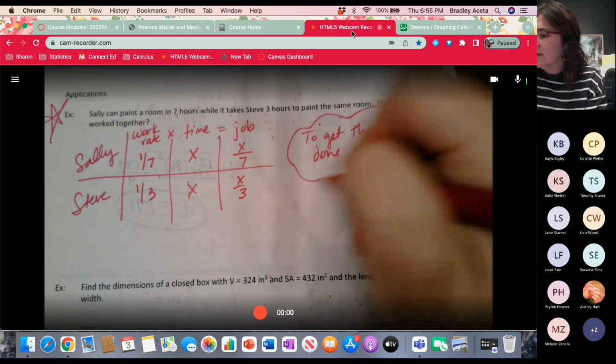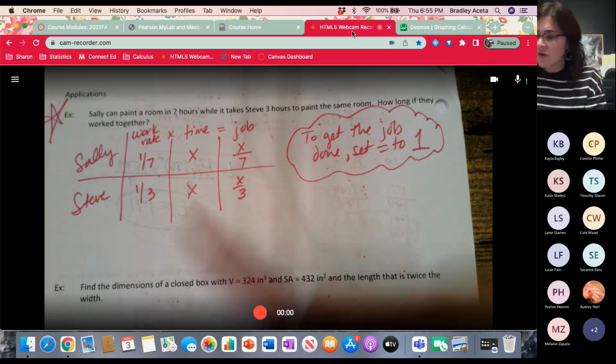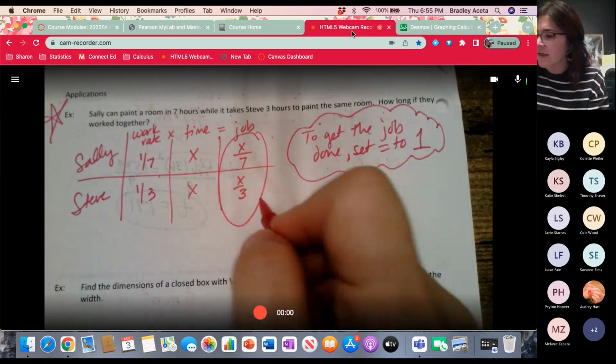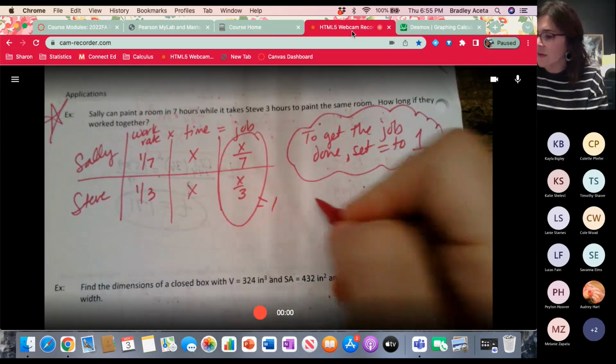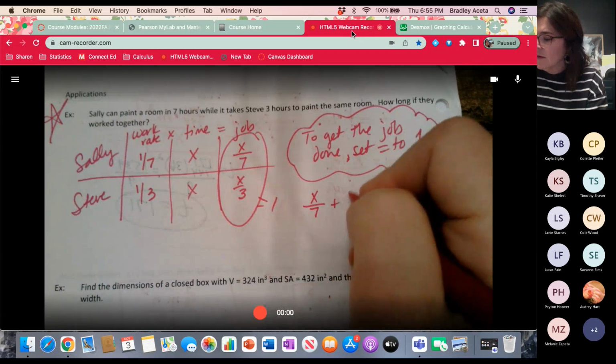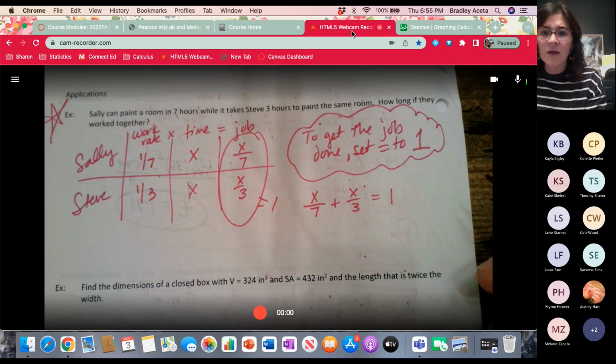To get the job done, set it equal to 1. So you're going to take this last column right here, and you're going to set it equal to 1. So X over 7, Sally's rate, plus X over 3, Steve's rate, set it equal to 1.